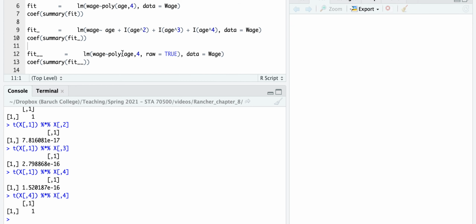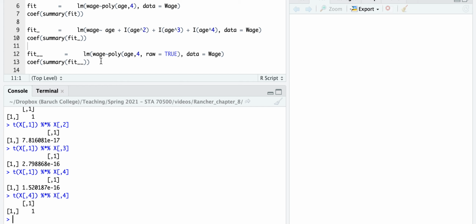When it comes to prediction, it doesn't matter which one of these models you use. They will give the same prediction, but the estimated coefficients will be different. Okay.